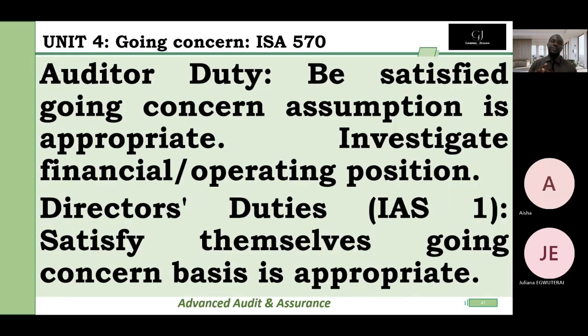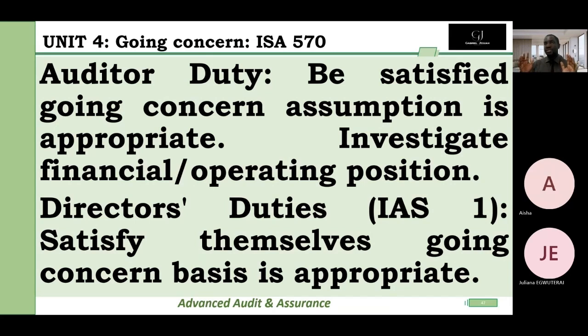So the auditor's duty is to be satisfied that the going concern assumption is appropriate, and he needs to investigate any financial or operational position that may affect this assumption. The directors' duties, based on the preparation and presentation of financial statements under IAS 1, are to satisfy themselves of the going concern basis and its appropriateness in the financial statements.